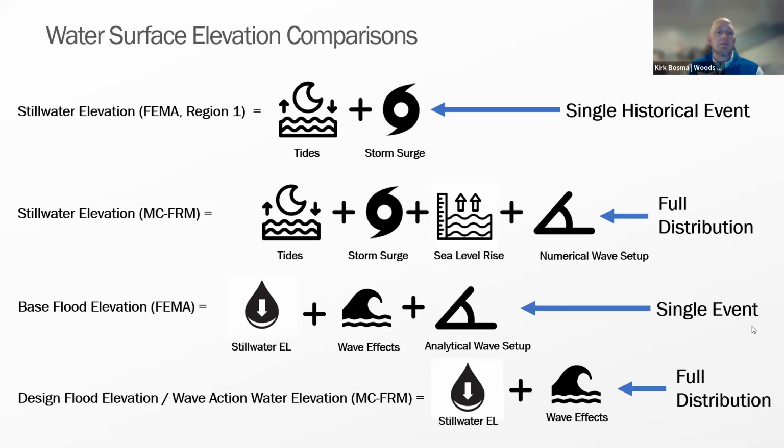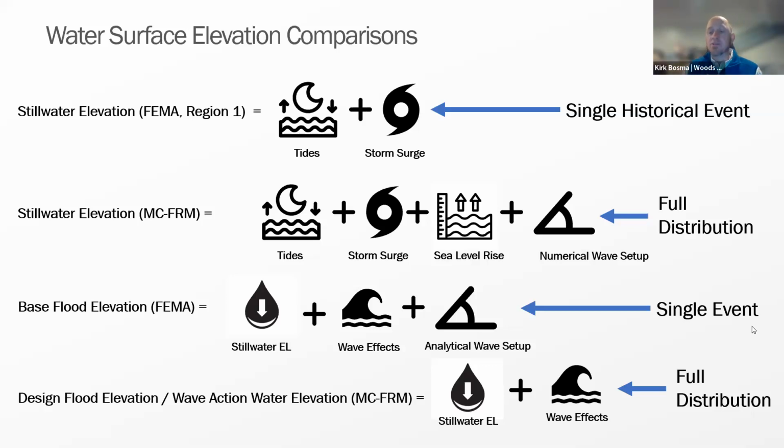So don't be confused comparing a still water elevation from MC-FRM to a base flood elevation from FEMA, because that includes wave effects. You have to go to the design flood elevation level to compare that to the base flood elevation. And even then, there's pretty significant differences, which we'll touch on later when we compare the models between what it does with wave setup, what it does with waves.